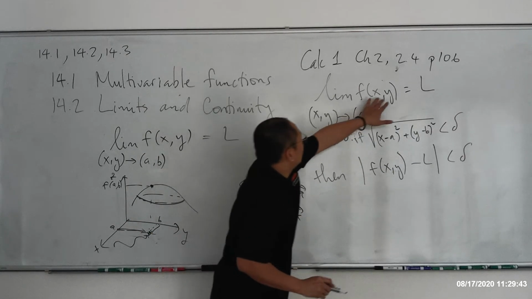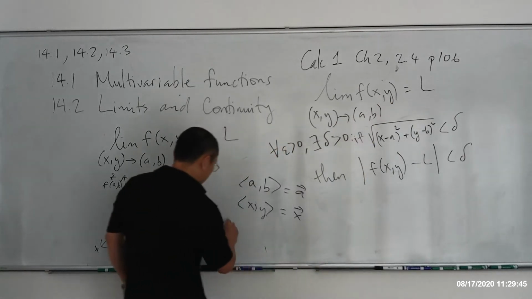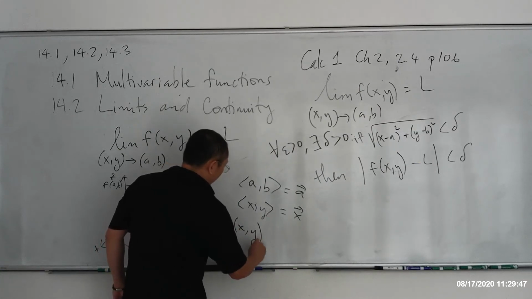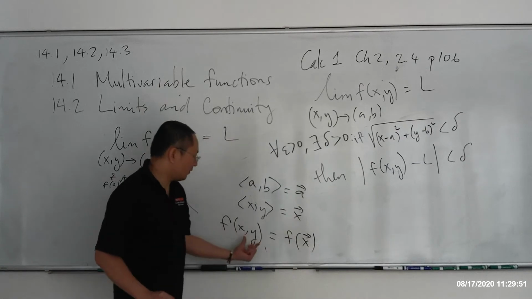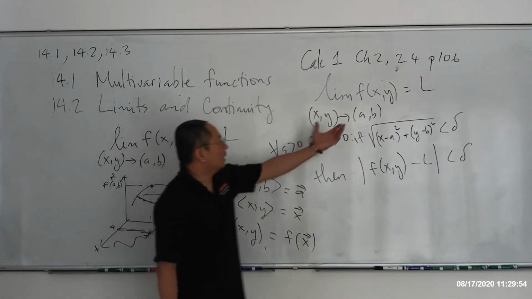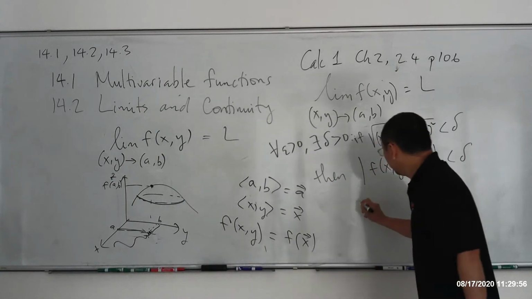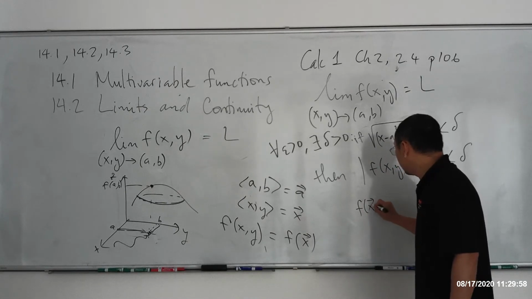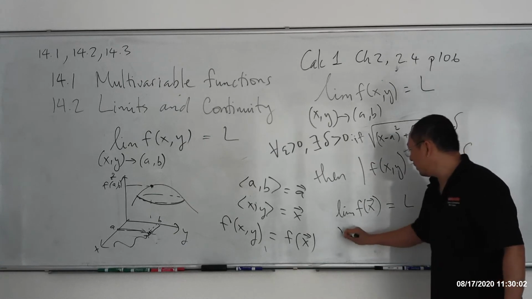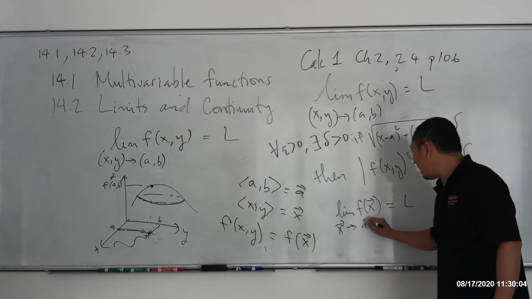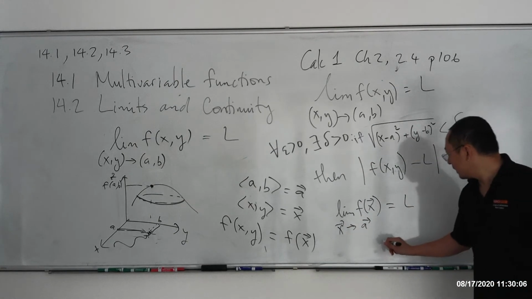Then f(x, y) you can think of as a vector function, f of vector x, where x here stands for (x, y). So now you can rewrite it this way: the limit of f(x) equals L when vector x approaches vector a is what?